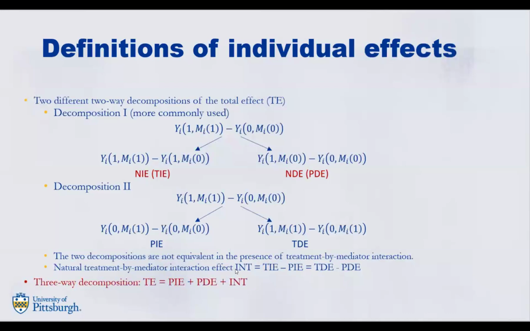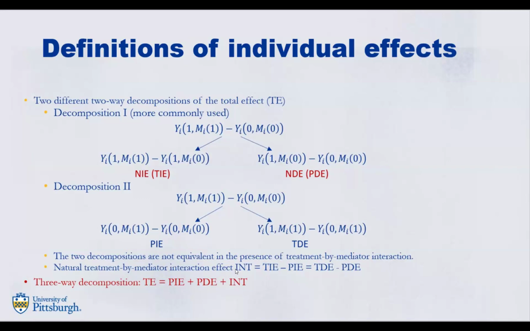This three-way decomposition, I always recommend using, so that you are able to see how the indirect effect works purely and how the direct effect works purely, which have nothing to do with the interaction.